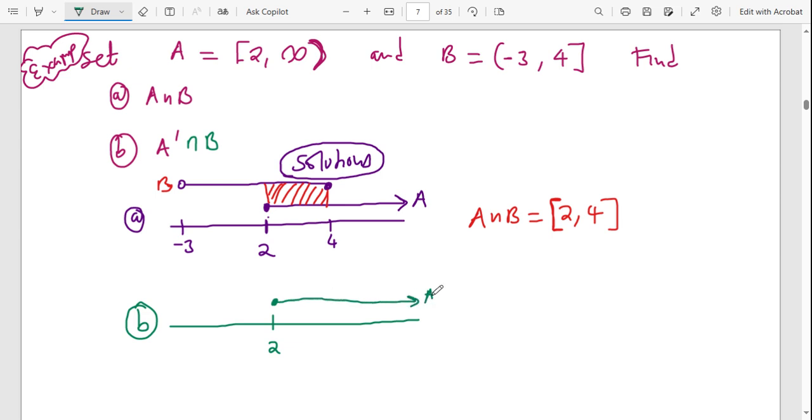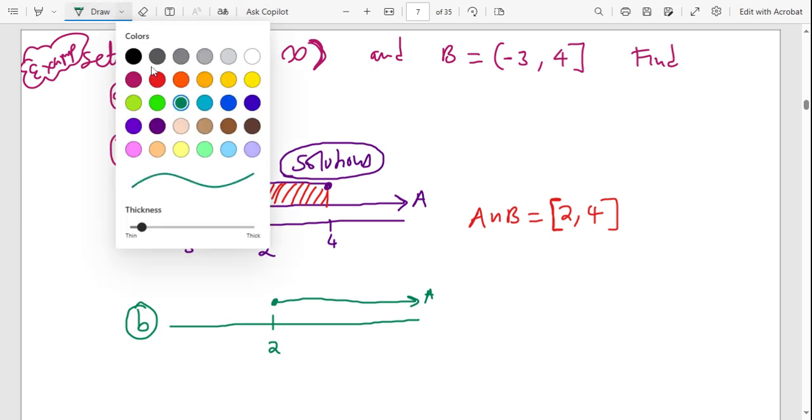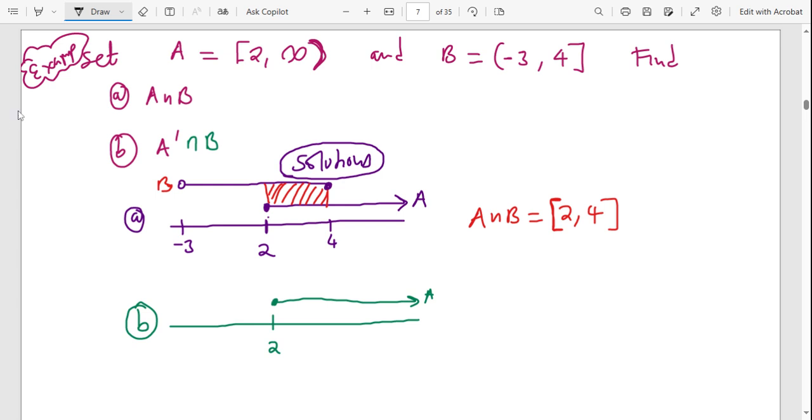That's the set A. If I want a set A complement, it's actually going to start from 2. You've seen what I've done. The set A includes the 2, so the set A complement will not have a 2. That's why I've put an open circle there. In other words, if the set A was shaded, A complement will not be shaded.